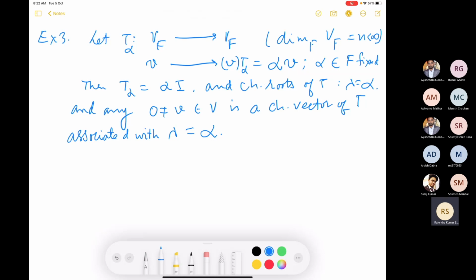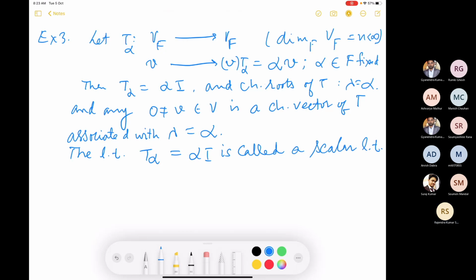The linear transformation T alpha, which is alpha I, is called a scalar linear transformation. So alpha times identity is called a scalar linear transformation.